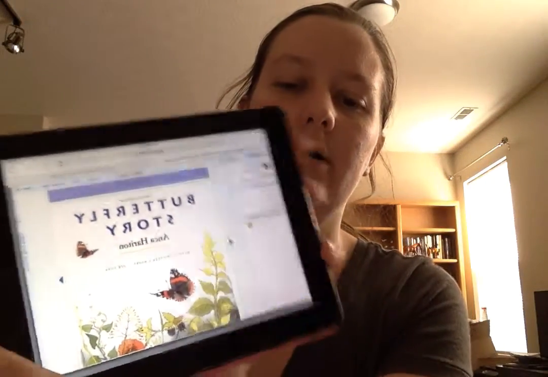So next, we will read the book that I chose to use for this topic, and it is a picture book called Butterfly Story by Anca Harrington. This right here is the cover page of it, and I have it on my iPad here.